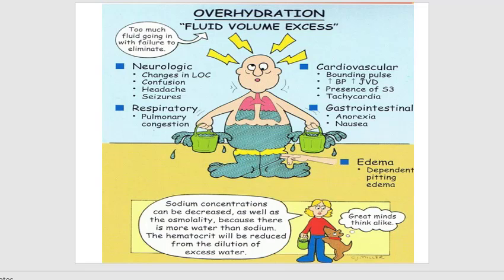And another one at risk for fluid volume overload, CHF, congestive heart failure patients. Okay, so we know that congestive heart failure patients are fluid volume overload. When you think fluid volume overload, immediately you think congestive heart failure. But one thing you have to remember is the reason why. So the heart muscle can't pump as well as it usually would, okay?